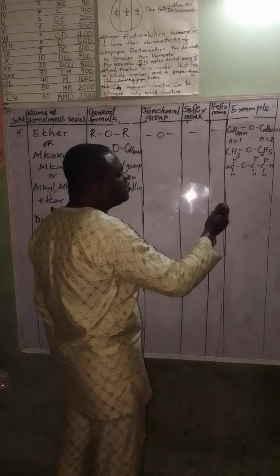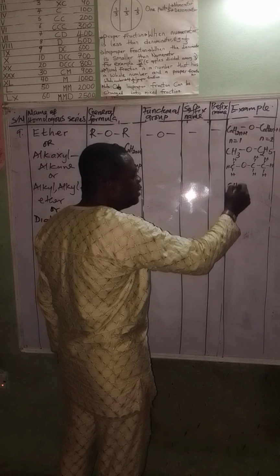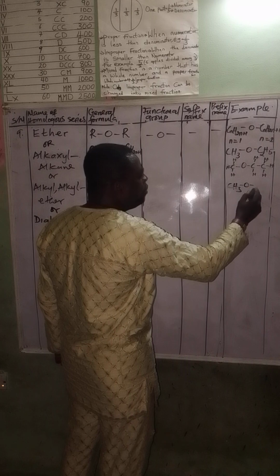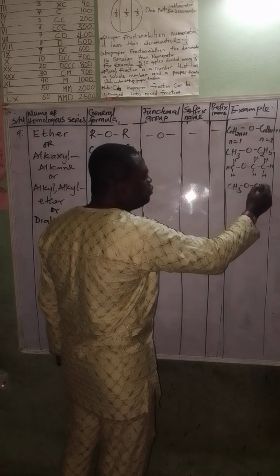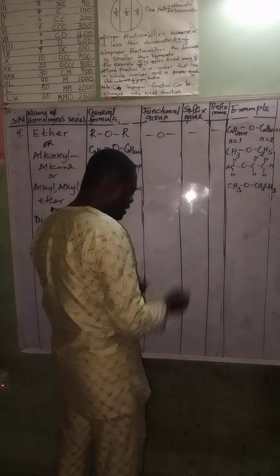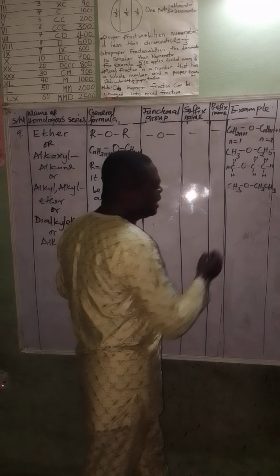Another formula for this is the condensed formula. You write CH3, then O, then CH2, and CH3. You can still use the bond line notation.